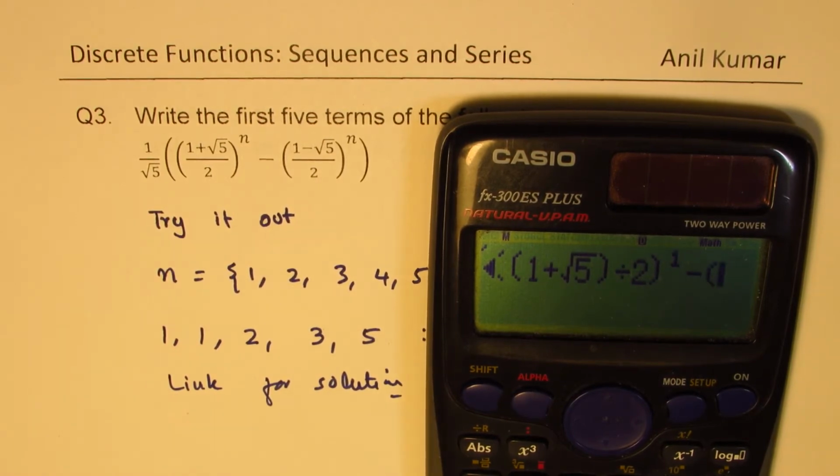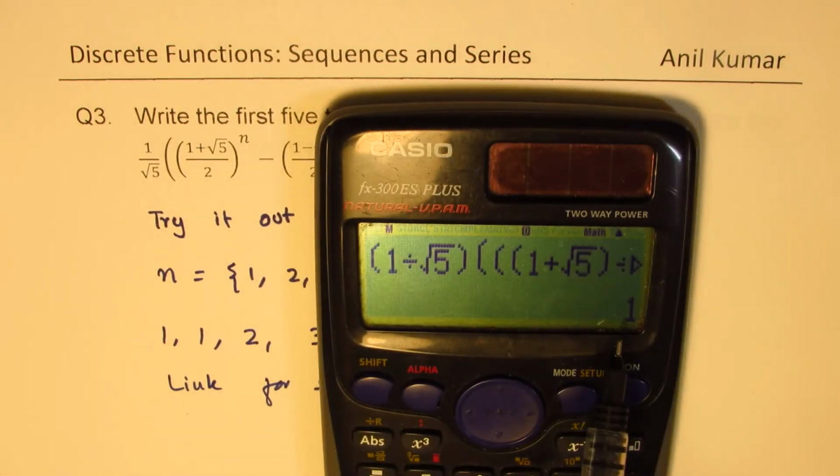So we write 2 brackets here: 1 minus square root 5, within brackets divided by 2, and then the bracket and to the power of 1, correct? And finally the bracket close. This is equal to what? You get 1. Do you see this 1?